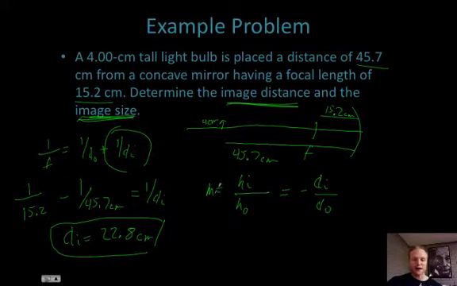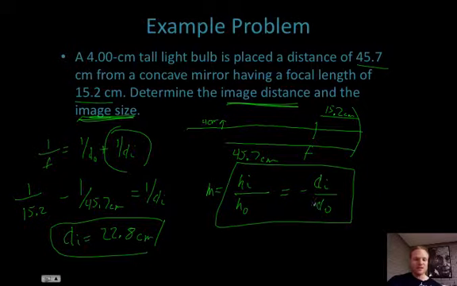We could certainly figure that out if we want to, but what I'm really concerned with is this ratio right here. That's why I figured out di first, because once I knew di, do, and ho, I can figure out hi by cross multiplying and then dividing. This will make more sense once I plug some numbers in.